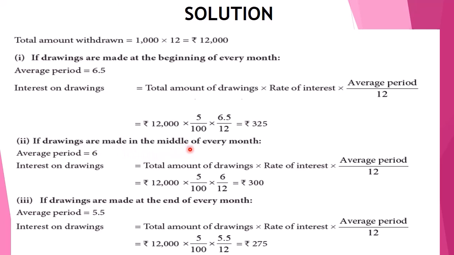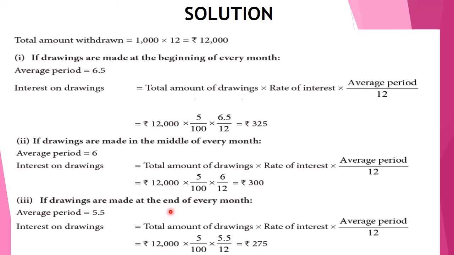Let's calculate for the second situation. If drawings are made in the middle of every month, what is the average period? The tabular column tells us it is 6. So the total amount is 12,000, rate of interest is 5 by 100 and the average period is 6 divided by 12. That will give us an amount of rupees 300.